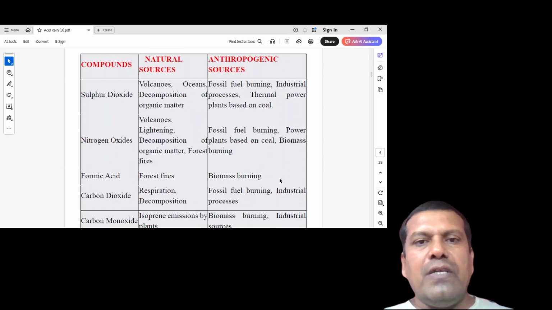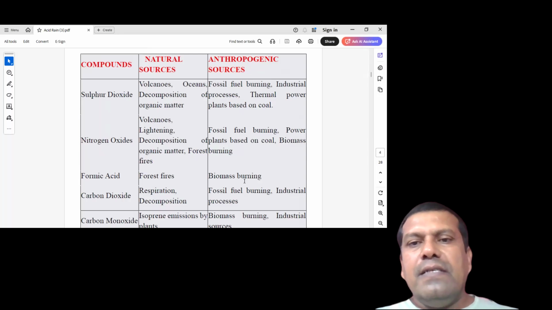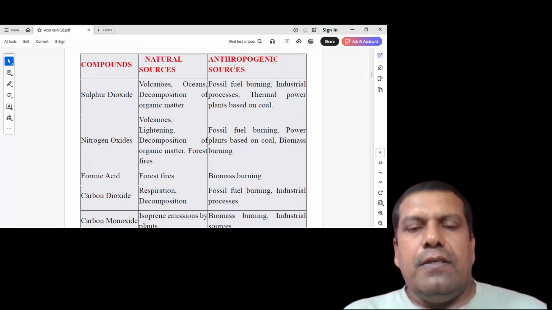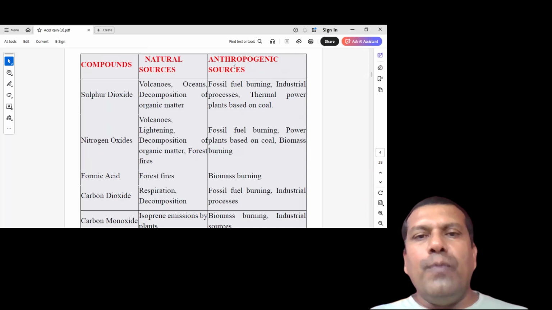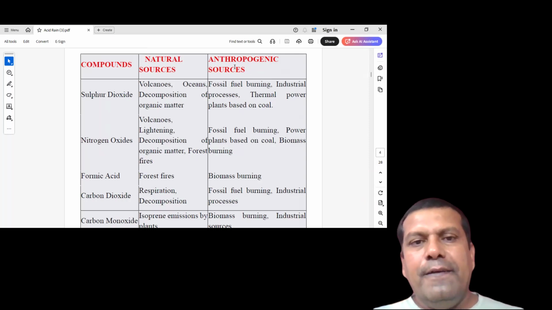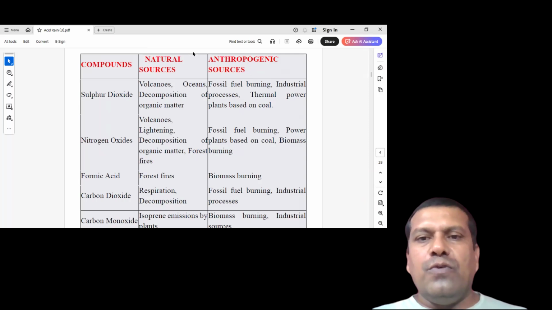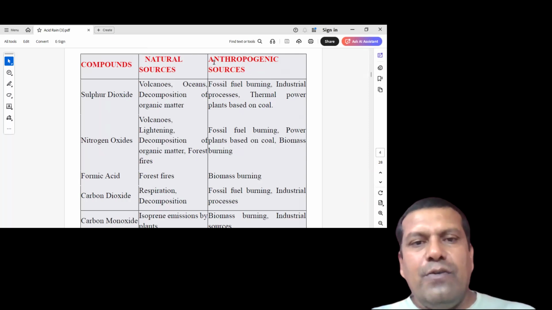There are certain natural sources as well as some anthropogenic sources. What is meant by anthropogenic sources? Anthropogenic sources are nothing but the human-made sources, or we can simply say artificial sources, which are leading to the birth of acid rain.